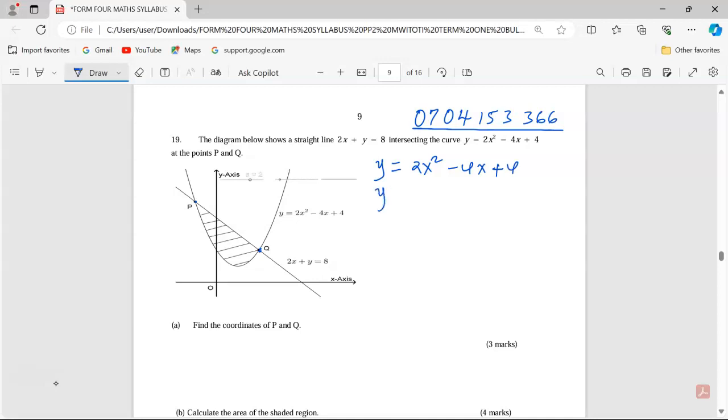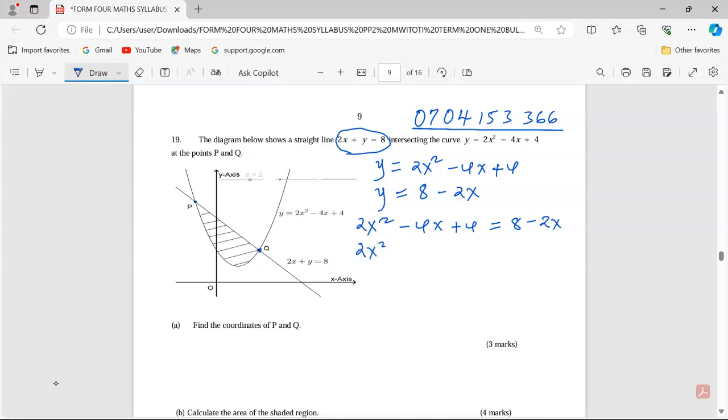From the line, we can re-express it as y equals 8 minus 2x. If they intersect at a point, we equate the two sides: 2x squared minus 4x plus 4 is equal to 8 minus 2x.